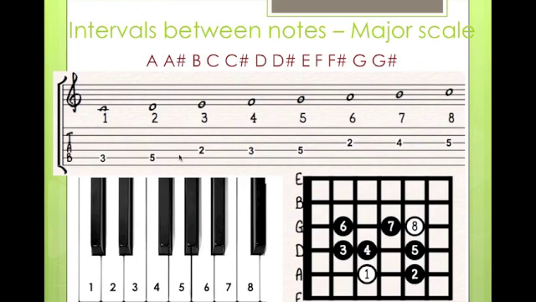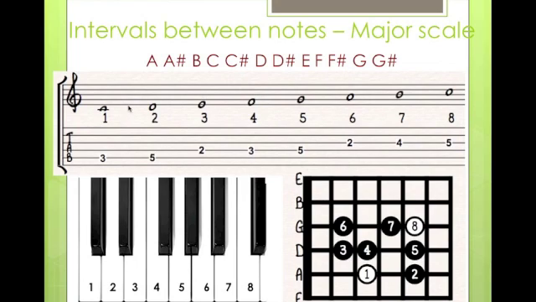Alright, now what we want to do is learn the intervals in between the major scale so that we can learn the pattern and then apply it to any major scale we like. So for instance, we've got C here to D, and we want to know what the interval is between that. Remember we talked about in the last slide a tone and a semitone.